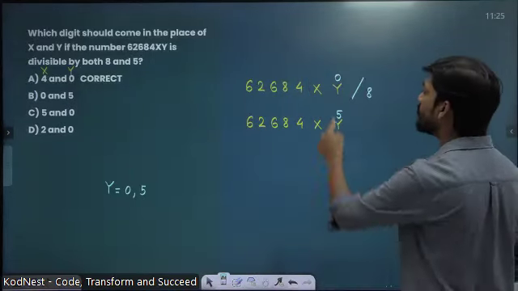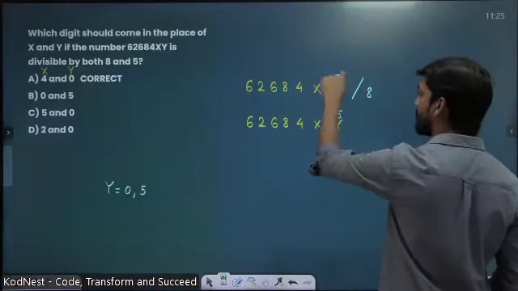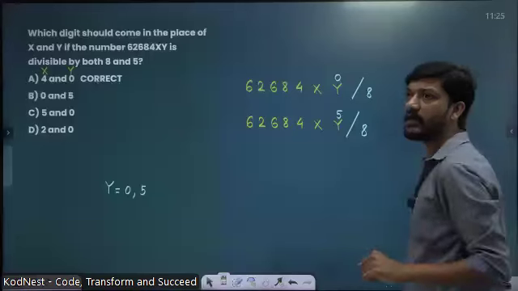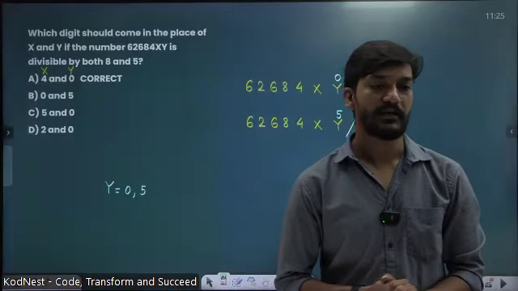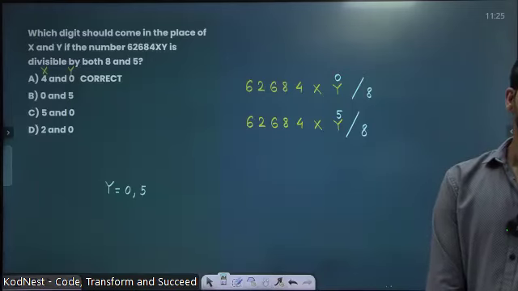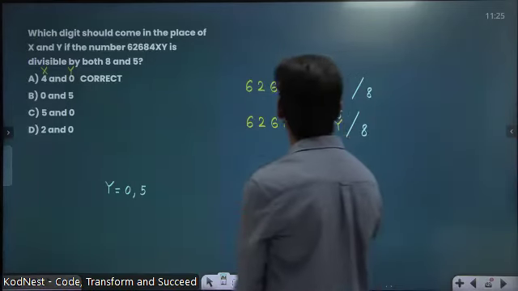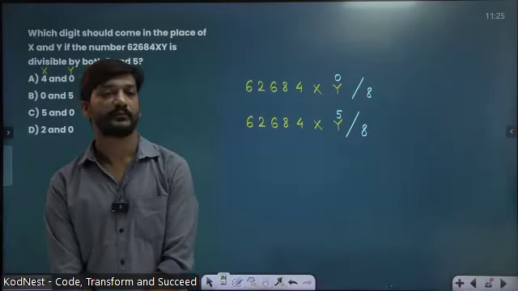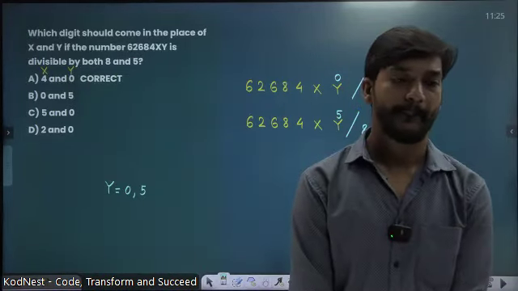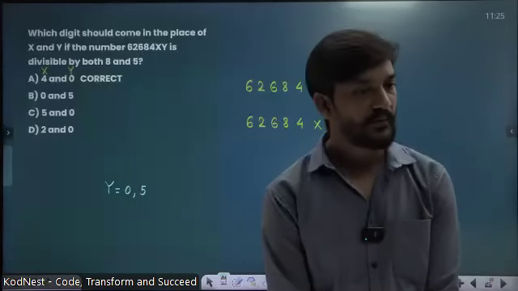No, you will say, sir, I don't know the last three places. Sir, I cannot tell. Can you tell, is this number divisible by 8? Why no? How is it possible?